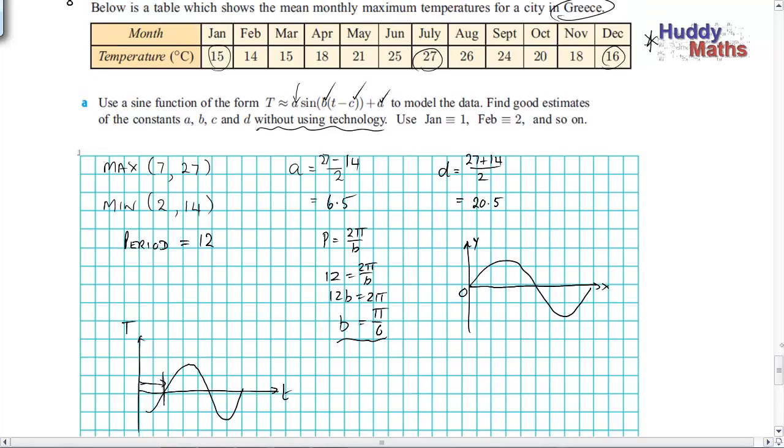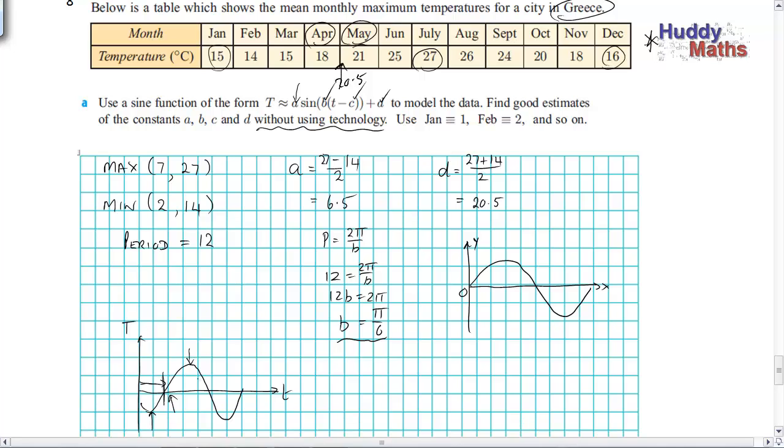Okay, so in here, somewhere between the 4th and the 5th month, I'll circle that one. Somewhere in between there is that principal axis cut, isn't it? Principal axis is 20.5. And we're not going to do it algebraically, we're going to do this by hand. We'll do some algebraic stuff on this later on. But here what we want is to say, well, this here is halfway between the minimum and the maximum.